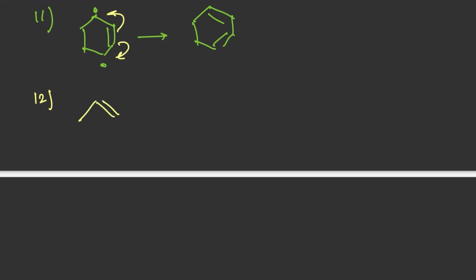Here we have a radical, so this bond breaks. So whenever we have an intramolecular biradical within a molecule, then intramolecular addition first takes place.